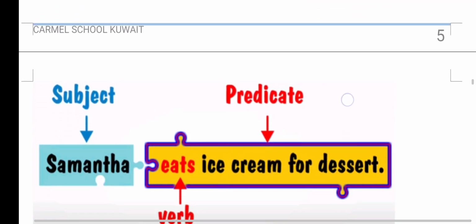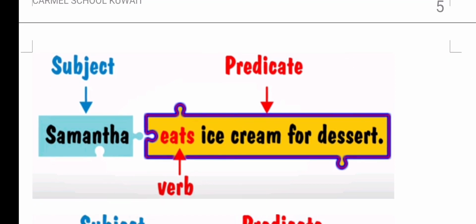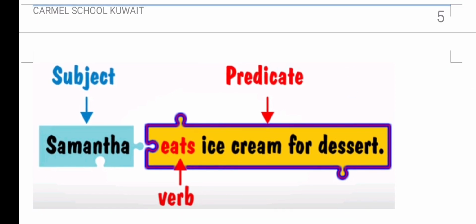Samantha is the answer. So that is picked up for subject. And the remaining part is completely predicate. From this, you can also understand predicate has a verb in it. A verb is always present in the predicate, either main verb or helping verb. Okay, now let's see one more.